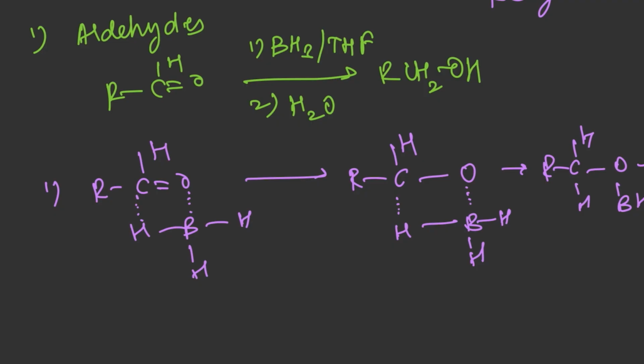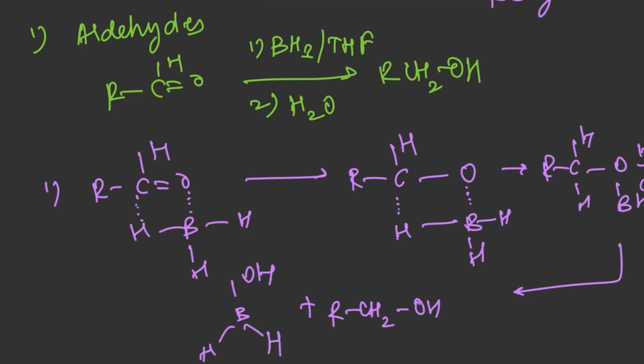Now when it hydrolyzes, hydrogen will be there, OH will be there. So it will form RCH2OH plus B(OH), H and H. That's how H3BO will form. Okay, this compound will form.